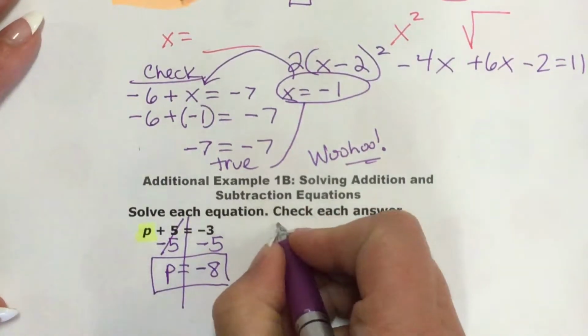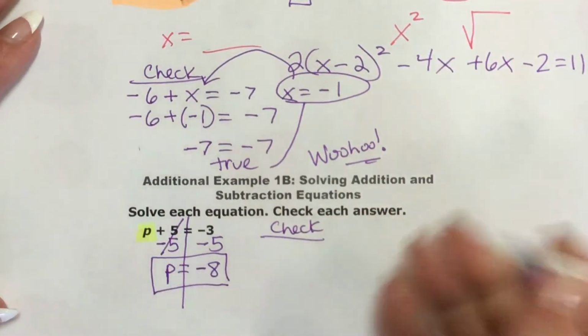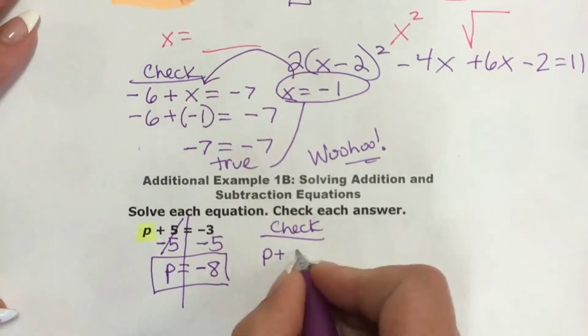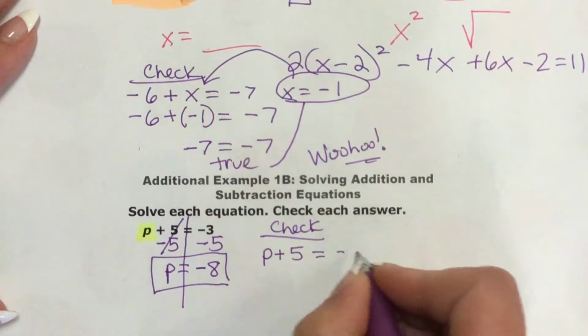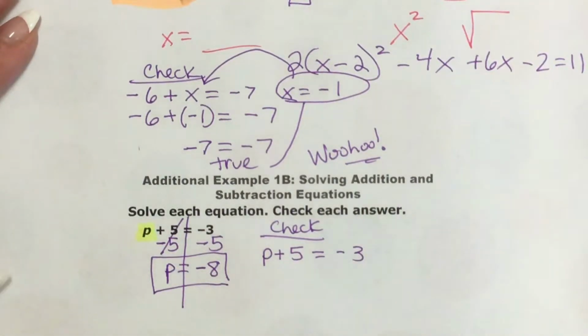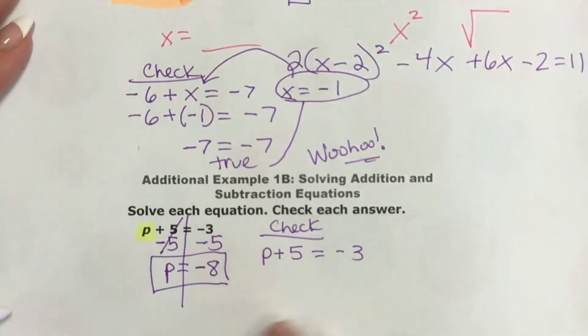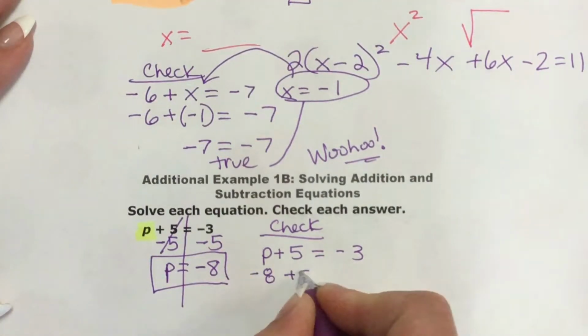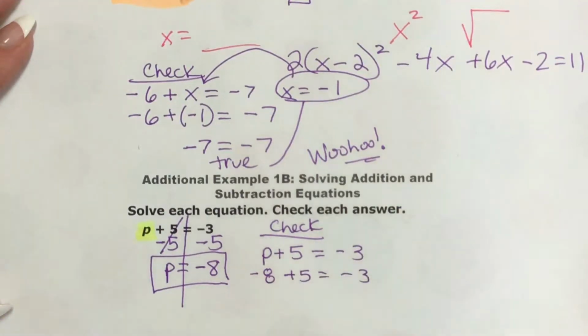Now let's go ahead and check that and see if we did it correctly. So I'm going to write the original equation on your note sheets. I should see that original equation on every single one of your note sheets. So there we go. Original equation, P equals -8. We're going to stick -8 in for P. So -8 plus 5 equals -3. Okay, we have a negative number and a positive number.